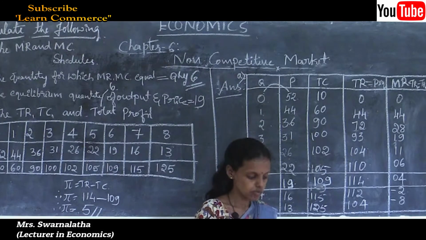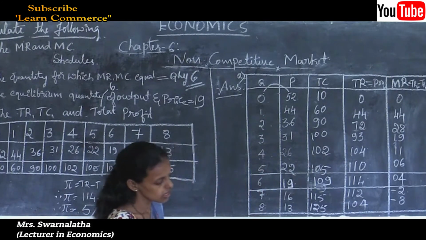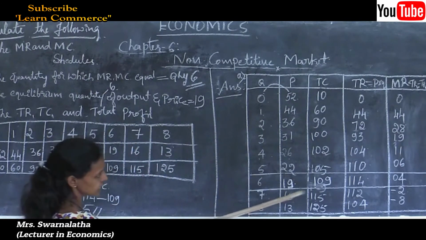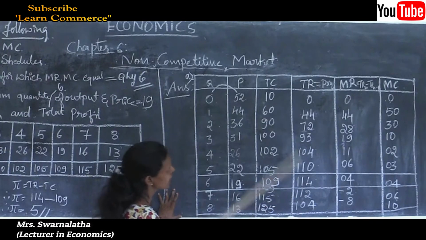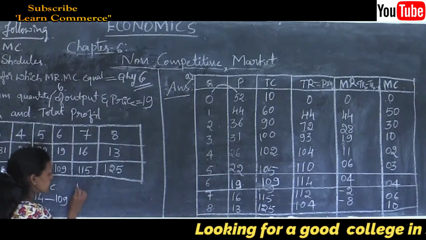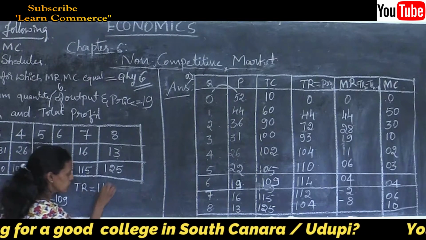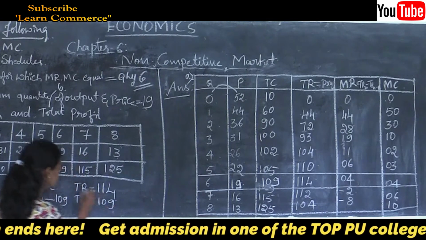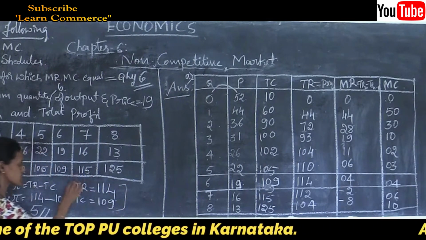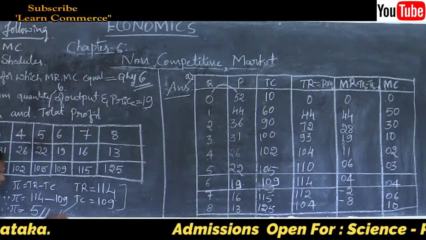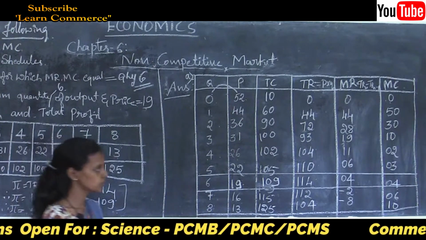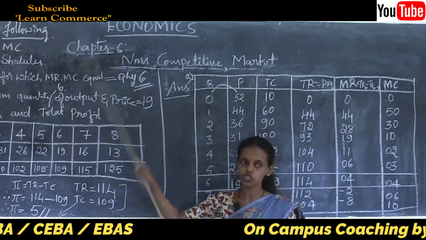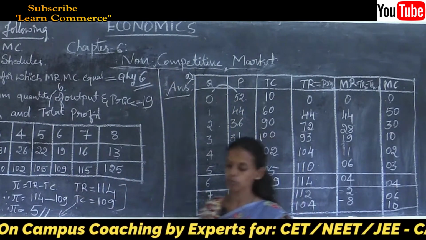Therefore profit is 5, revenue is 114 and total cost is 109. By subtracting TC from TR, we get the profit of the monopoly firm under equilibrium, that is 5. For 6 marks, if you do all these steps, you will get the complete 6 marks.